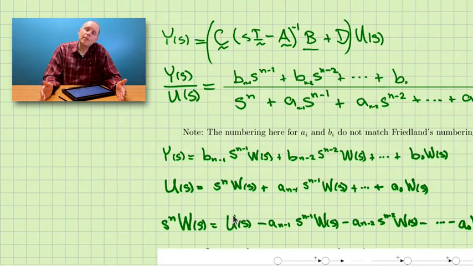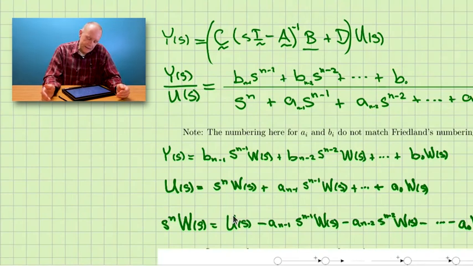Now you have to remember that multiplication by s is like differentiating in time. So what we do is we take this numerator polynomial of s, like you see on my second line of my notebook here, and multiply the whole line by W(s) over W(s). We haven't changed anything because W(s) over W(s) is just 1. So essentially we multiply by 1 in this nice form.